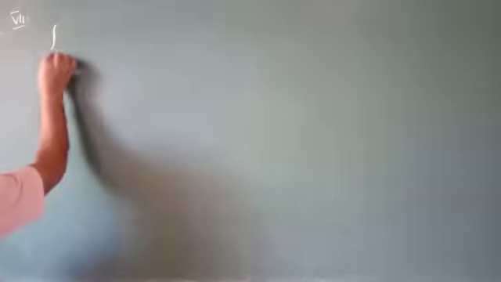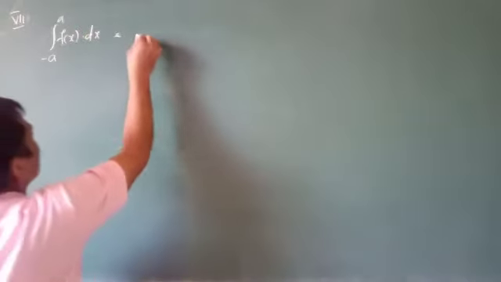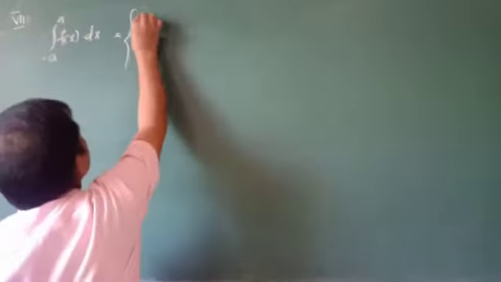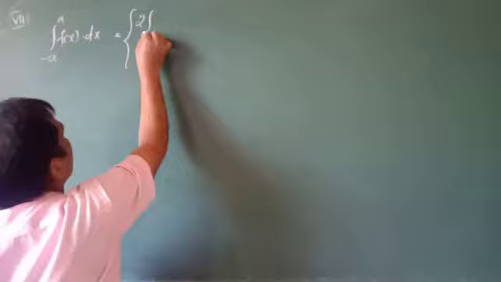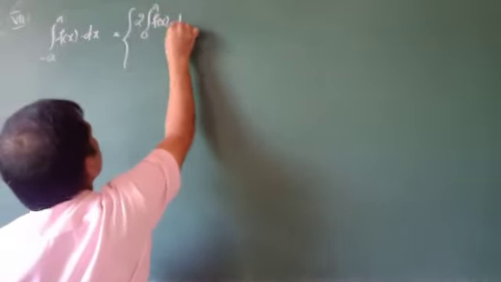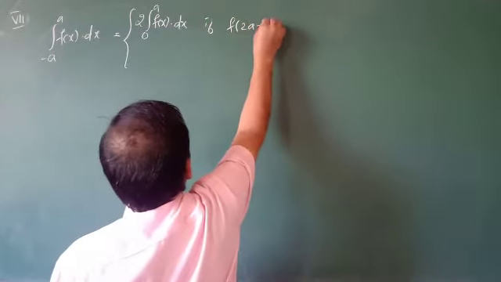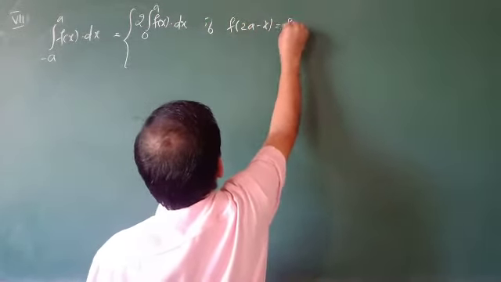The property says that the integral from minus a to a of f of x with respect to x is equal to 2 times the integral from 0 to a of f of x with respect to x if f of 2a minus x is equal to f of x.